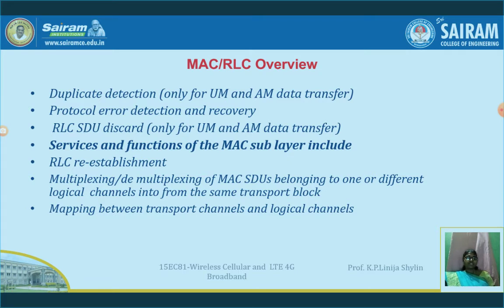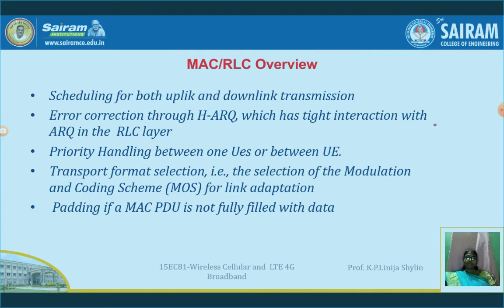So when we are discussing the packet data convergence protocol, there is a two-layer structure with ROHC, that is robust header compression. There we can see the RLC entity, then transport channel, then logical channel, all those things. That is a service access point between the logical channels and the transport channels, which is one of the services of the MAC sublayer.